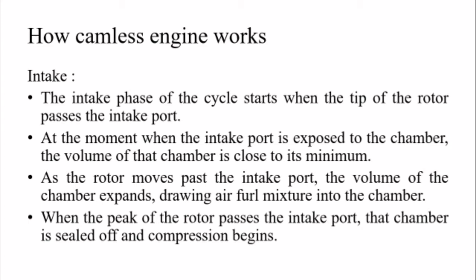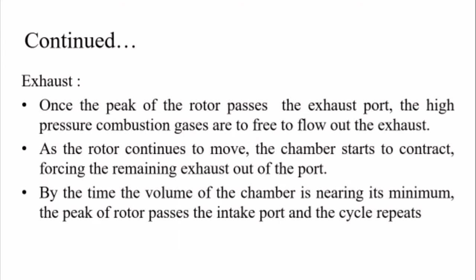The combustion stroke takes place by using spark ignition or compression ignition, by which the fuel is ignited and the exhaust gases are produced. Moving to the next slide, here we can see the exhaust stroke. How does the exhaust stroke take place? Once the peak of the rotor passes the exhaust port, the high pressure gases are free to flow out of the exhaust port.